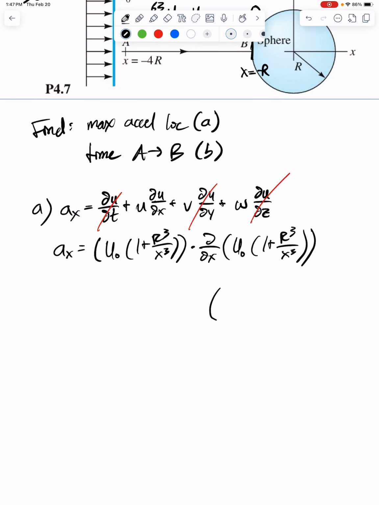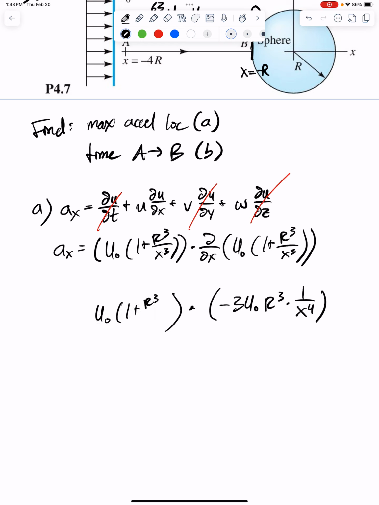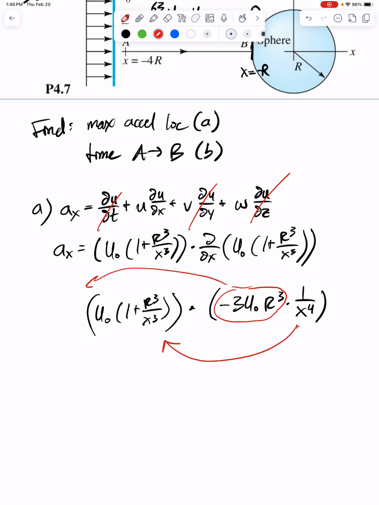And I multiply the constant, u naught. So I get negative 3 u naught r to the power of 3 times 1 over x to the power of 4. That's me deriving u, and that's multiplied by u, u naught times 1 plus r to the power of 3 divided by x to the power of 3. I'm going to take these parts as a constant out of the equation, but I want to factor this x into this term here. That's what I'm interested in doing.